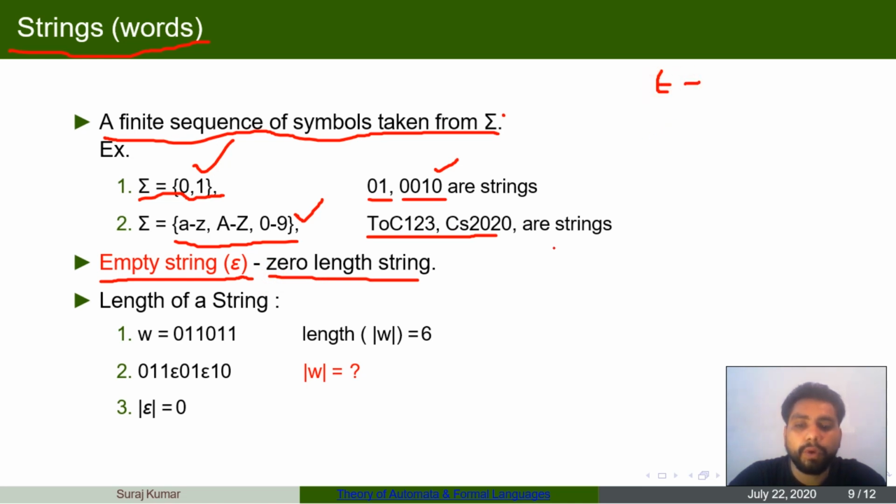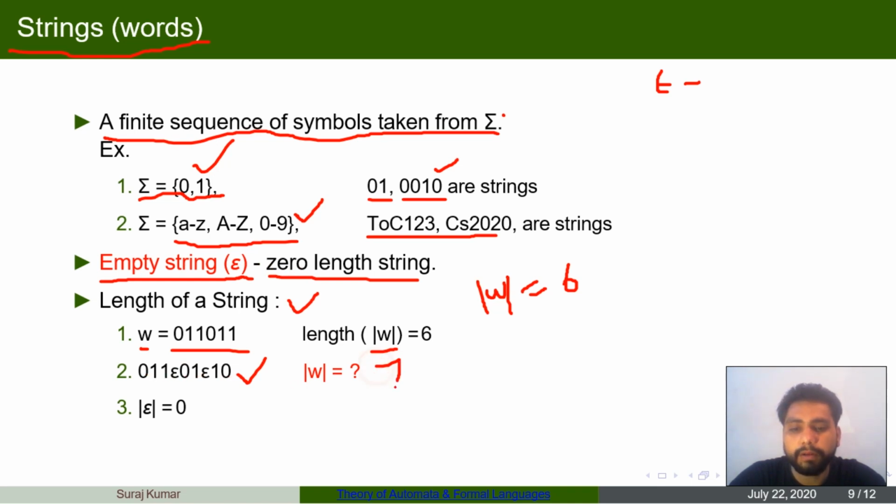If you talk about the length of a string, suppose this is a string 011..., the length of a string is usually represented as follows: suppose W is a string, then |W|. Here |W| is equal to 6: 1 2 3 4 5 6. Similarly, here you can also count the length of this W: 1 2 3 4 5 6 7.